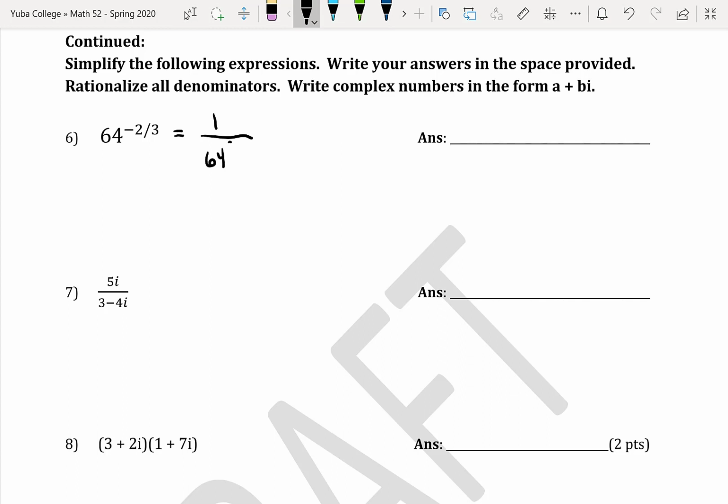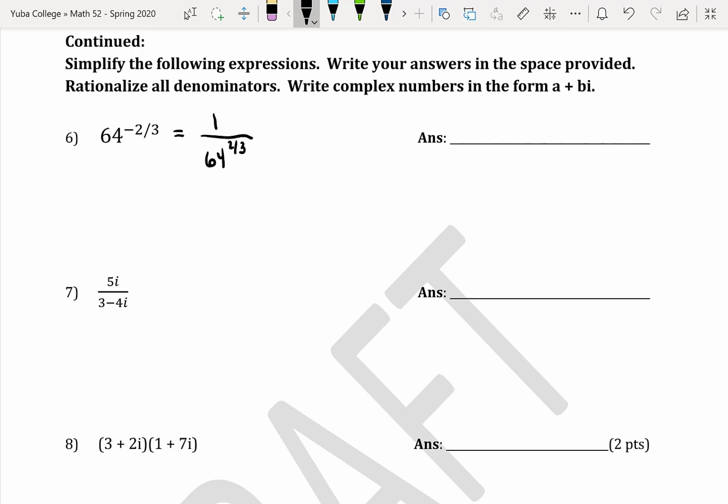I notice that I have 64 raised to the 2/3 power. The denominator of the rational exponent is what root I am taking of that. So this is the same thing as saying 1 over the cube root of 64 squared. That square could be here, or I can pull it outside. Either way, it means the same thing.